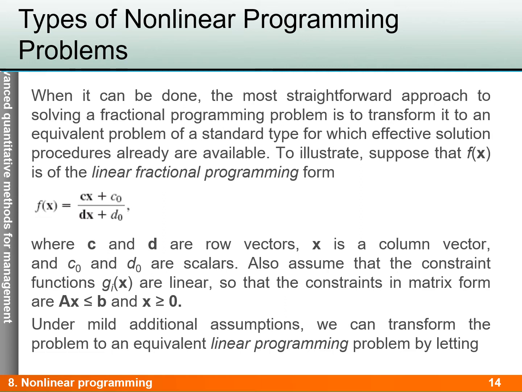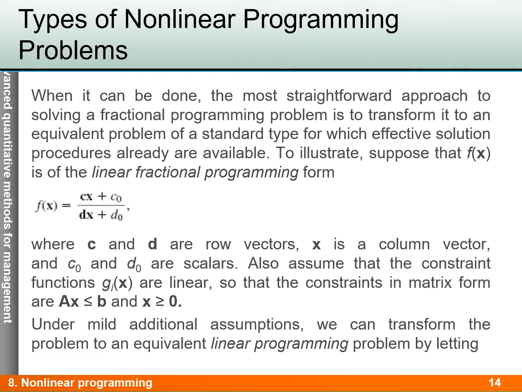We just suppose that f1(x) and f2(x) that we had in the previous slide are two linear functions with this form. Also, we can assume that our constraints gi(x) are linear, so that the constraints in matrix form are Ax less than or equal to b, and the variables are non-negative.